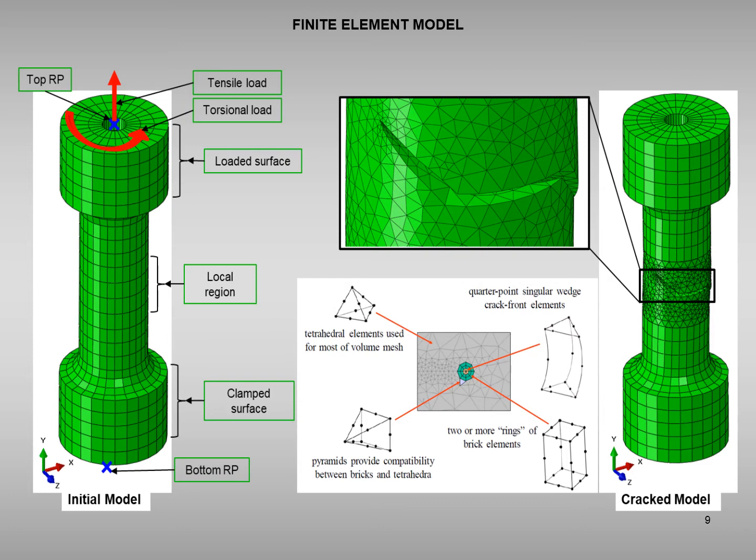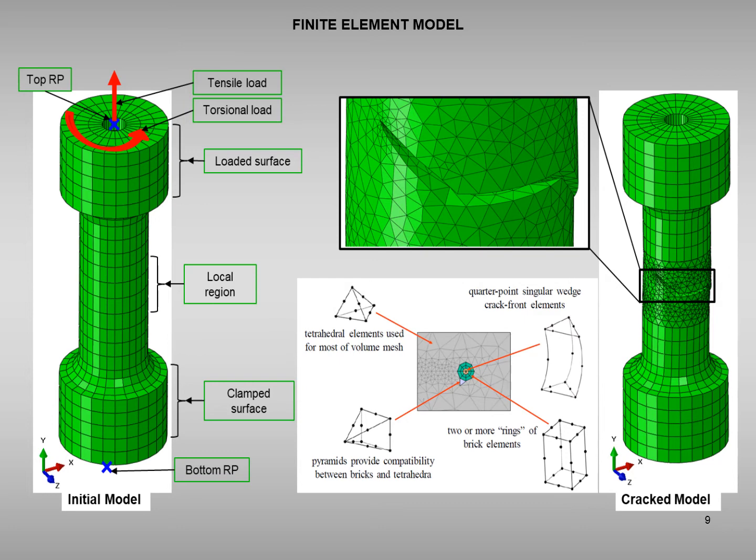The numerical starting point for the crack propagation simulation is the notch. It is modeled as an ellipse, cutting the specimen orthogonally to its axis and middle height. Franc3D creates a meshed tube around the crack front. The first tube ring is made up of collapsed hexahedral elements, that is, quarter-point single wedge elements.